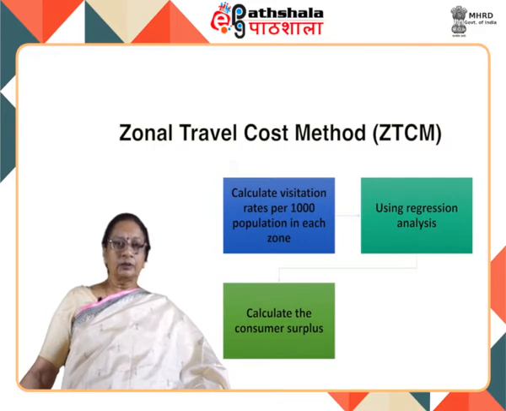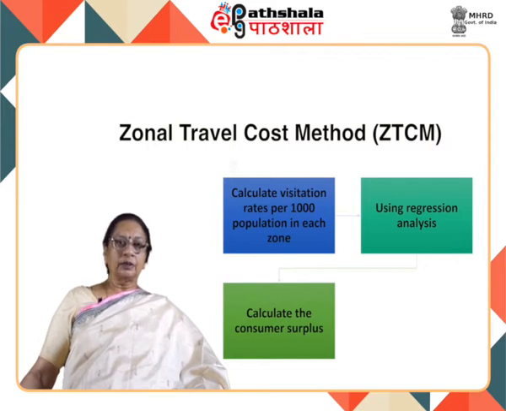To estimate travel costs per trip, calculate the average round trip travel distance and travel time to the site for each zone. Sixth, using a regression analysis, the equation that relates visits per capita to travel costs and socioeconomic variables estimate the demand function and average visitor consumer surplus by zone.